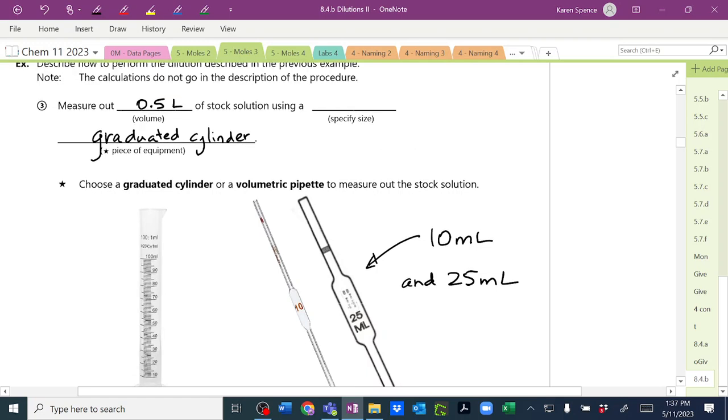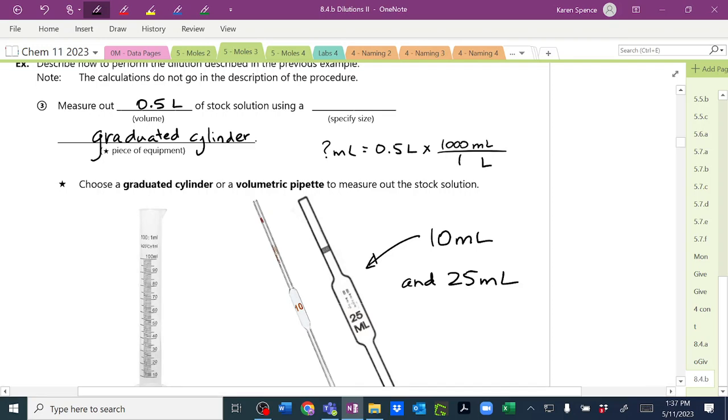It would be handy to know how many milliliters this 0.5 liters is. How many milliliters in a liter? 1,000.